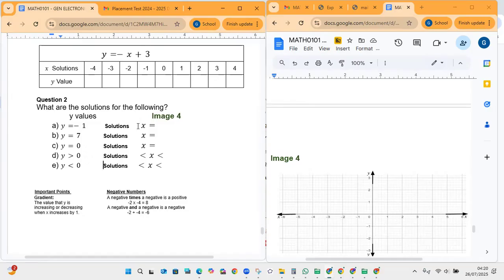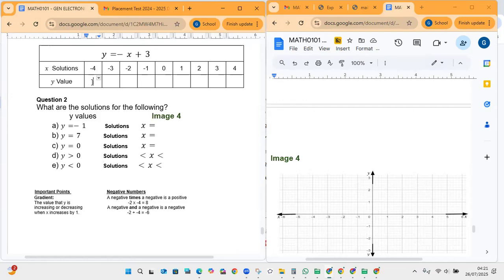So now, in order to do this, we must evaluate this equation by using the x solutions, and then we can plot the graph, and then we can find the solution. We can solve for x for particular values of y.